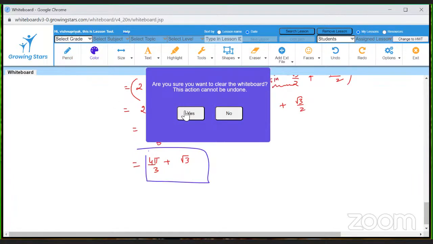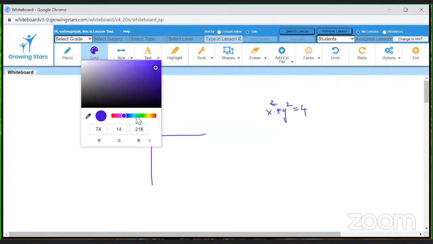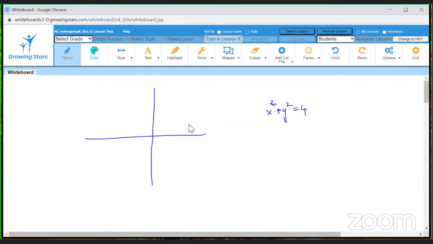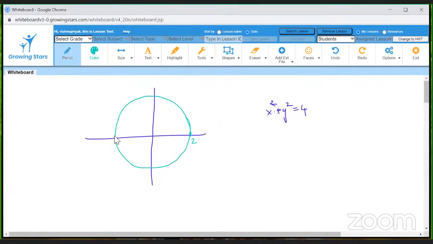Suppose you want to draw x squared plus y squared equal to 4. They clearly said it is a circle, so drawing that is quite easy. The radius is 2: here 2, here minus 2, like this. And then the other equation, y equal to x by root 3.